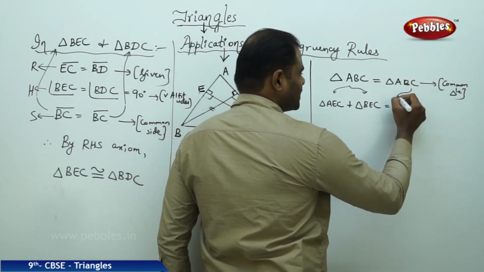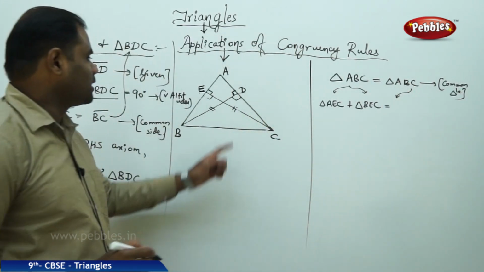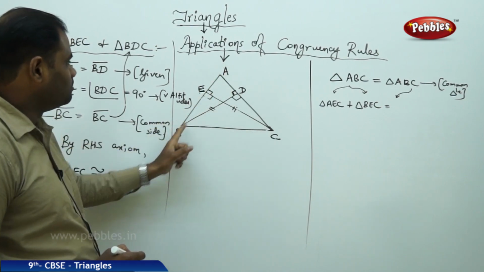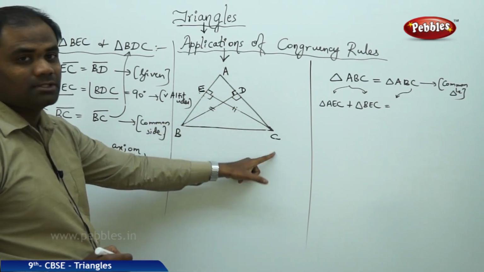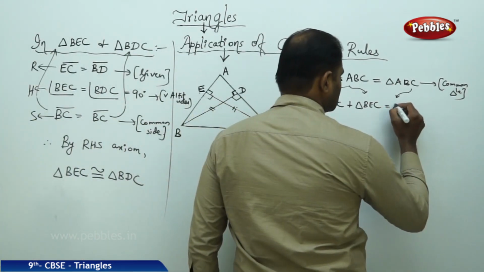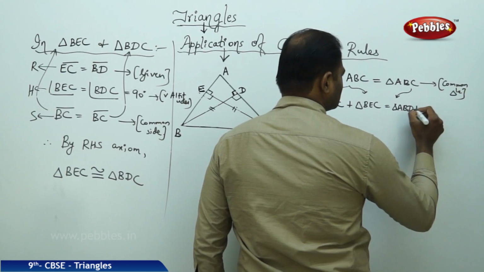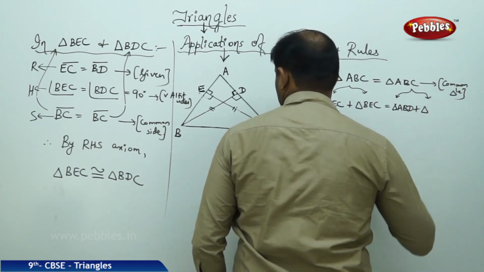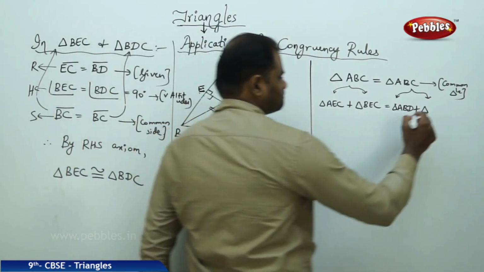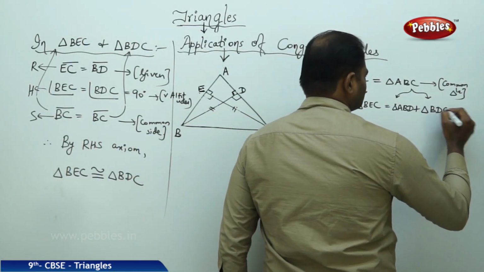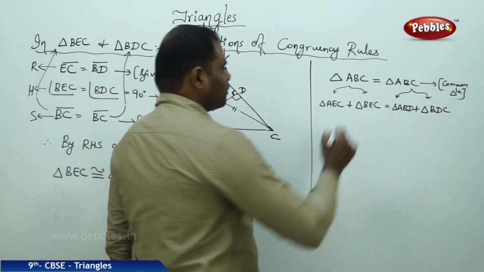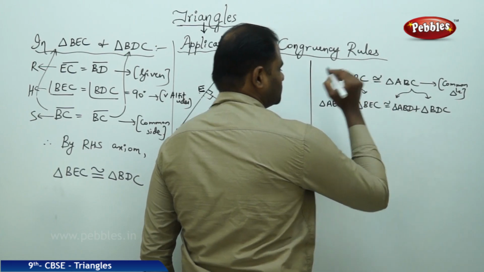Similarly, on the right hand side, my triangle ABC can also equally be split as ABD plus BDC. So I split it as ABD plus triangle BDC is how I split the two triangles, being congruent to each other.